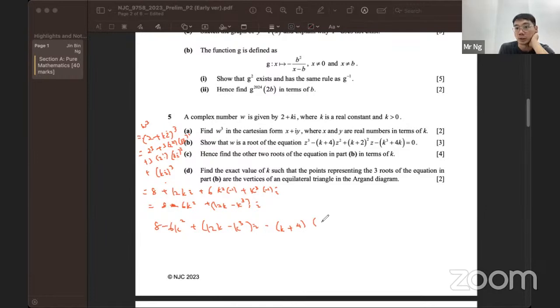So Z square is 4 minus K square and plus 4KI plus B plus 2 square. This thing looks like a binomial expansion. I don't know.